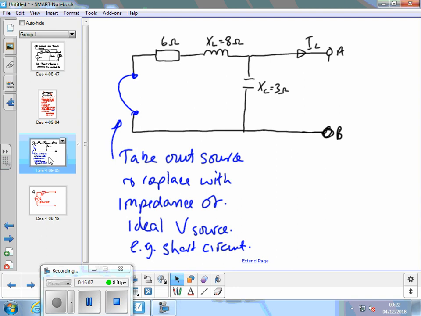It's the impedance looking back in at the terminals A and B, with that short circuit and any other short circuits or open circuits in place.